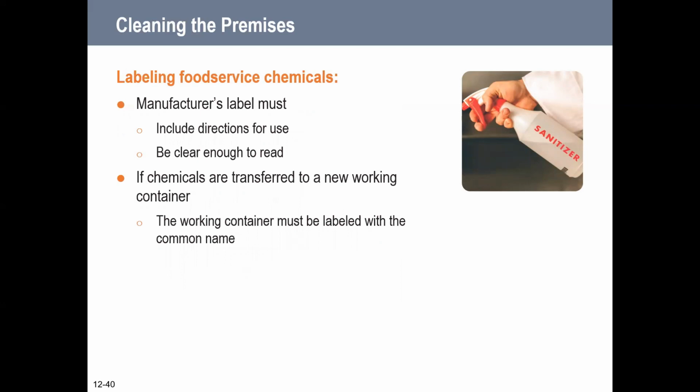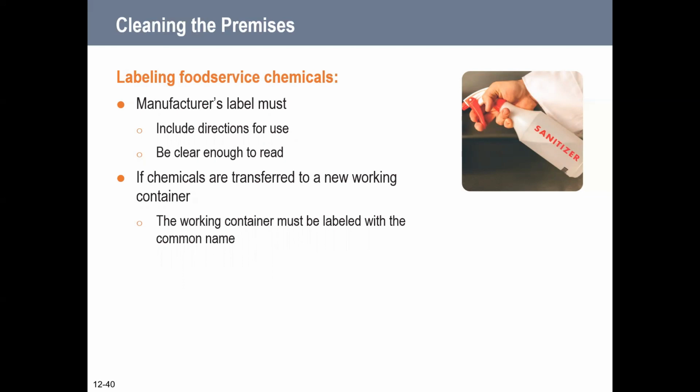So as far as chemical labeling, the manufacturer's label has to include directions for use and be clear enough to read. Now, if you transfer the chemical to a new working container, the working container must be labeled with the common name of it. So if you're going to transfer some bleach water using chlorine into a spray bottle, you need to make sure you label that bottle with what it is.